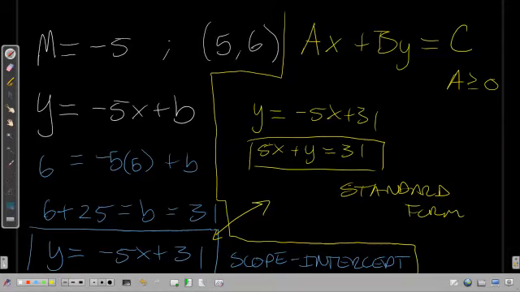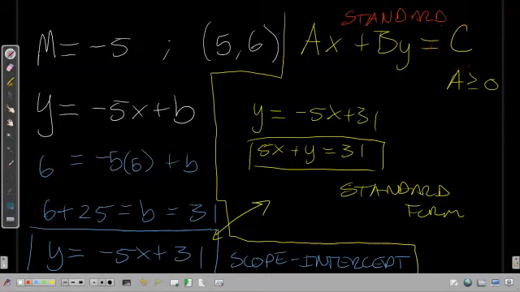Okay. So standard form is where it looks like this. Notice what it's solved for. It's solved for a number.